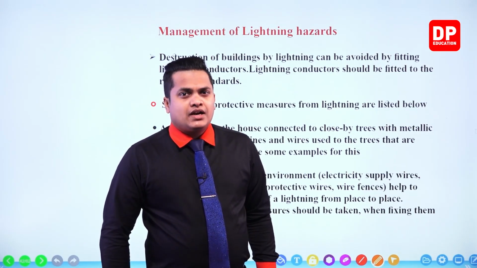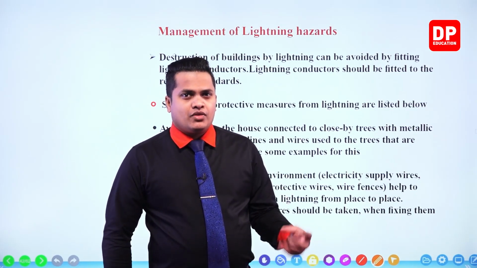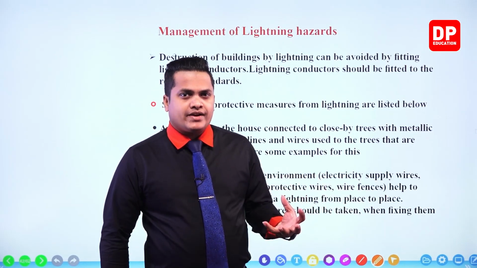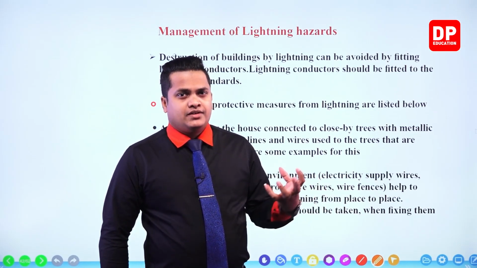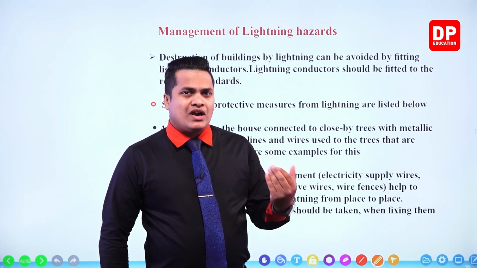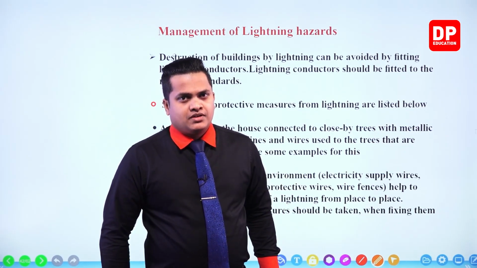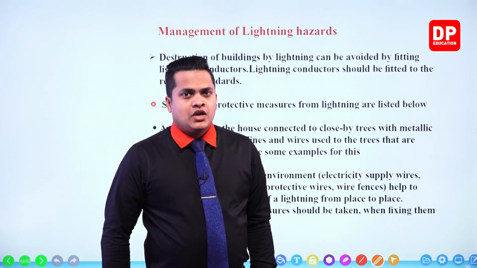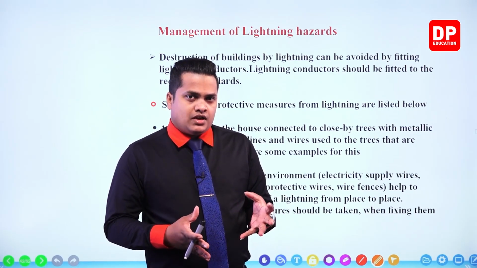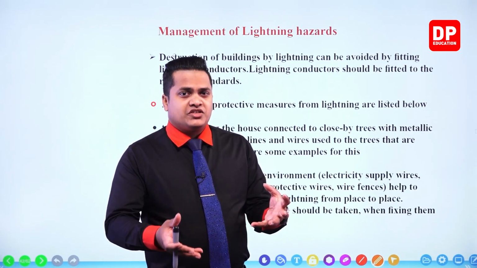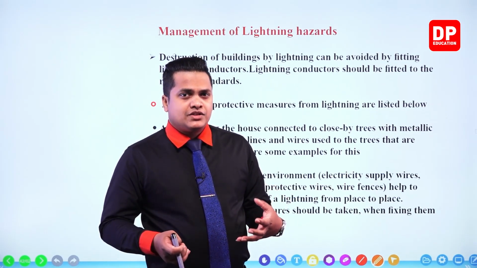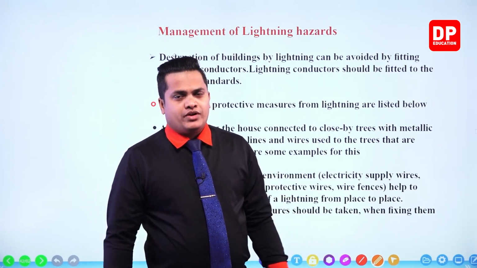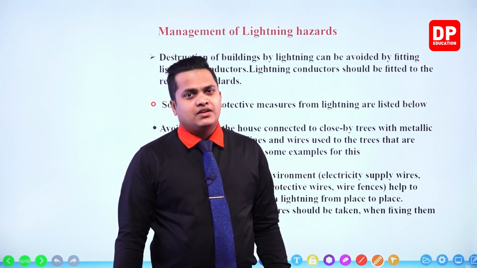Lightning conductors are fixed on the topmost point of a building. That way, they can attract lightning strokes. After it attracts the lightning, the conductor is connected with a special kind of wire, and the wire is grounded.